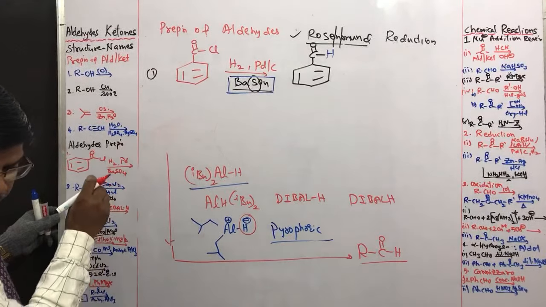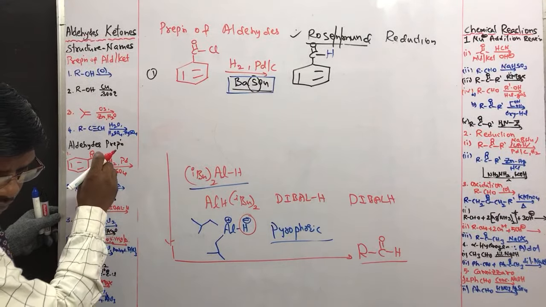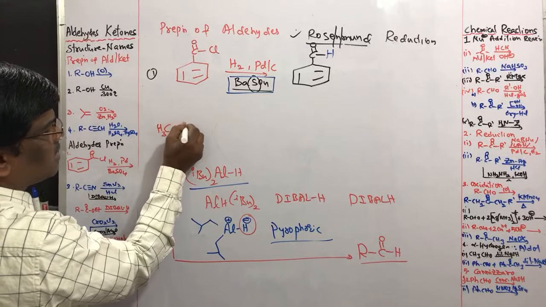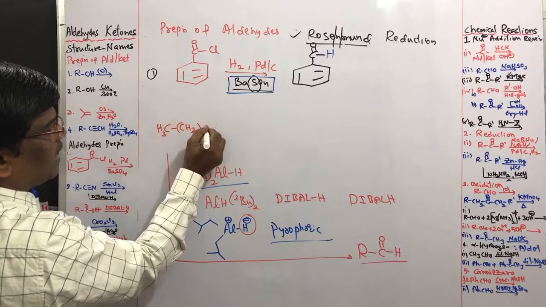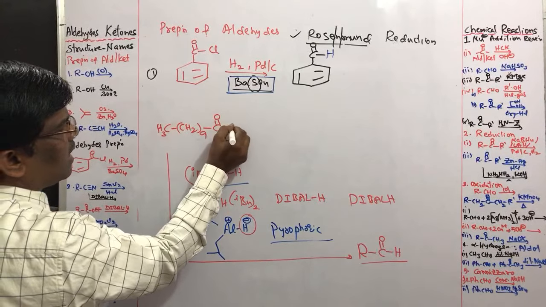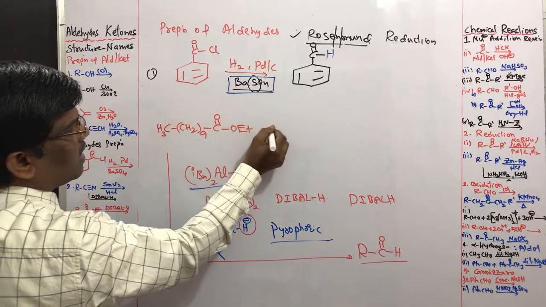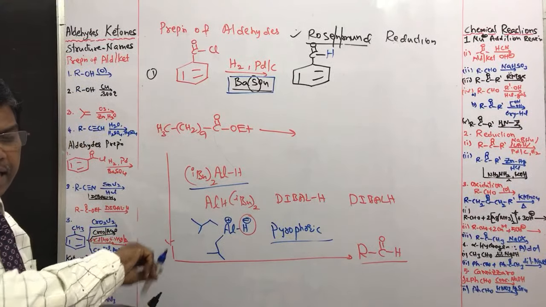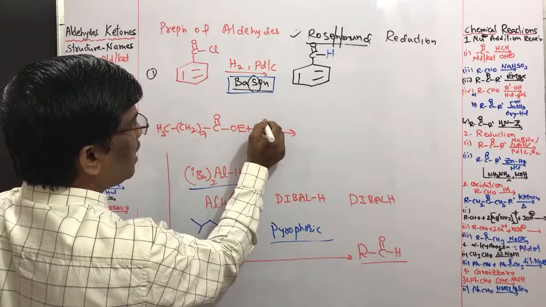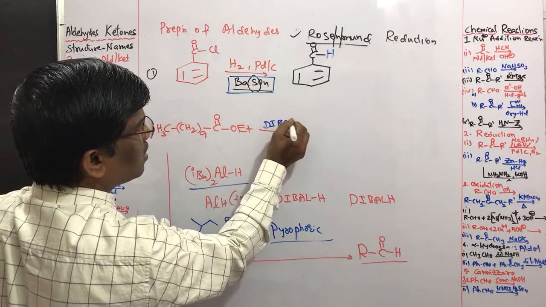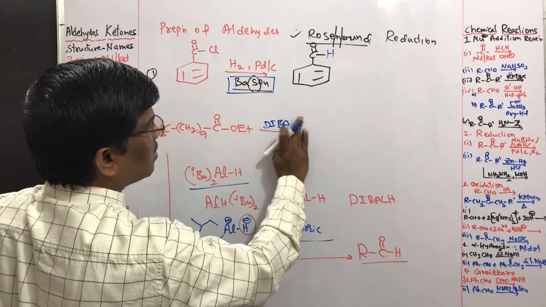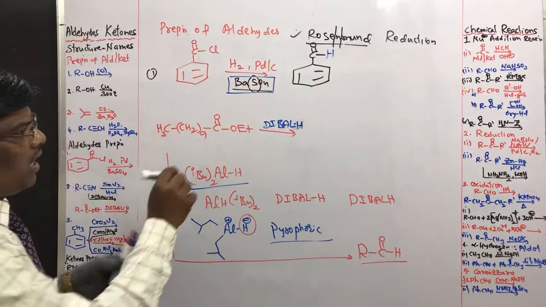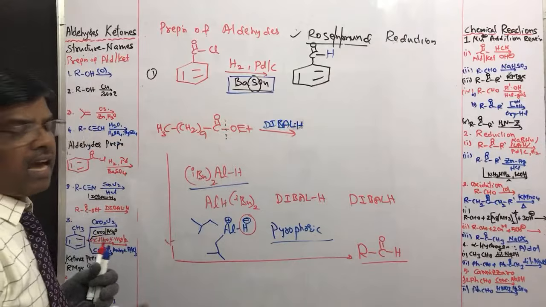For example, if I take a long chain acid ester, CH2 taken 9 times, and this is ethyl ester, and when I treat it with diisobutyl aluminum hydride, DIBAL-H, it is going to give aldehyde.